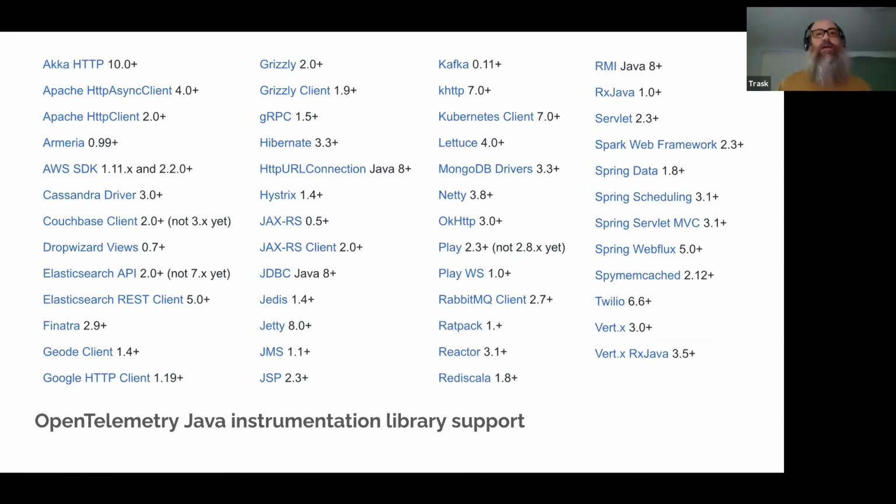And so this is where we really think that the power of the community coming together can grow this list over time, supporting new versions as they come out. So the more people we have, the more vendors, the more community members who are all working on this common auto-instrumentation, the more support that the Java users will get automatically out of the box.